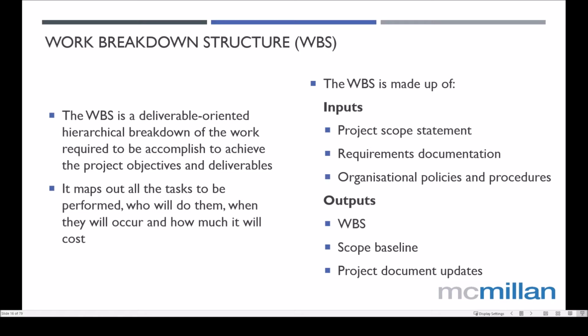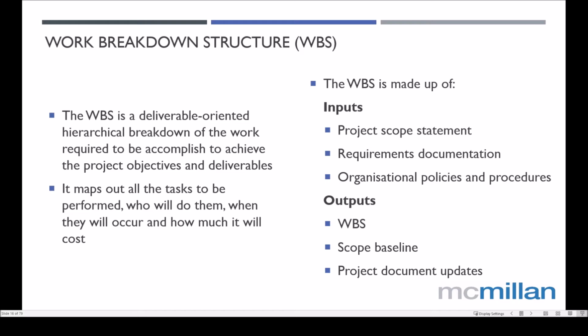So to develop a work breakdown structure, you get your project scope and any of the other documentation that can let you know who needs to do what, or what needs to happen, or what the deliverables are. Those are the types of inputs that feed into the work breakdown structure: things like your project scope statement, requirements documentation, so that could be things like procurement requirements, and organizational policies and procedures.